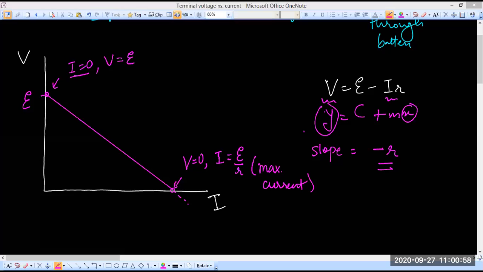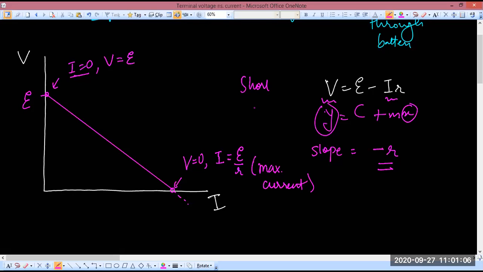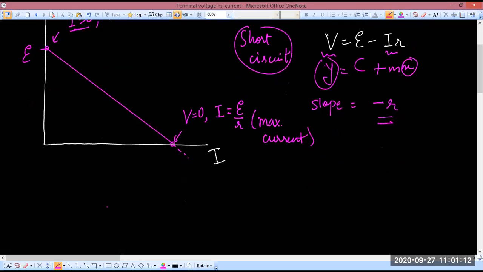Right? Generally when this happens, this is called short circuit. Right? આ ક્યારે થાય? કોઈ કરશે નહીં હો. Warning, don't try it even with a cell. Don't do it.